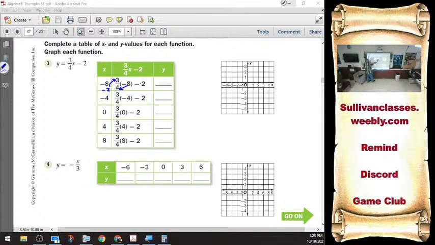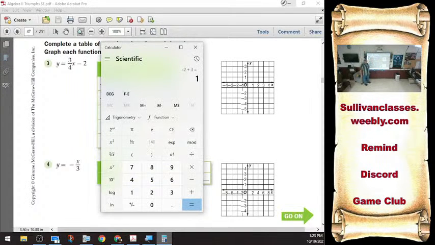Negative 6 minus 2 is negative 8. Now, do I have to do that? Or can I grab lame calculator over here and say parenthesis 3 divided by 4, times negative 8, minus 2? I can let the calculator do the work for me. I don't have to do mental math.